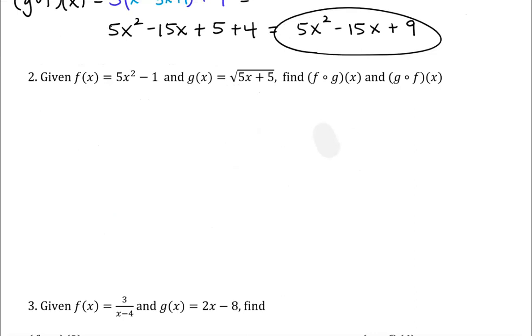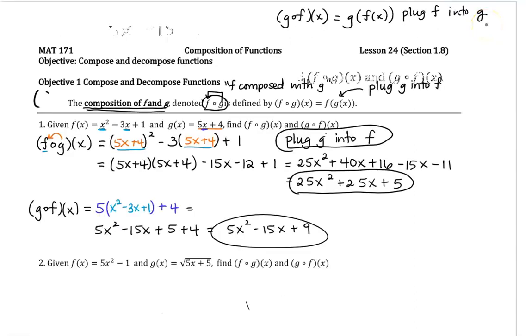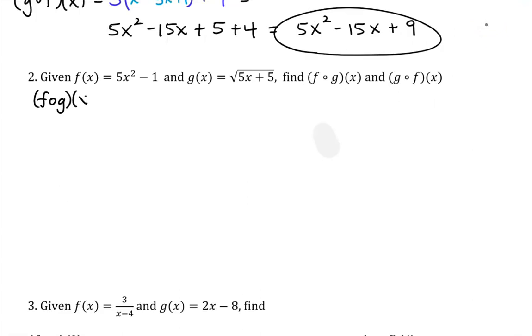With f composed of g of x, we are going to be taking the function g and plugging it into the function f. So everywhere that there's an x in the function f, so instead of 5x squared minus 1, I have put a blank set of parentheses. And inside of that blank set of parentheses, I am going to plug g into f. g is the square root of 5x plus 5, so I have put that in that set of parentheses.